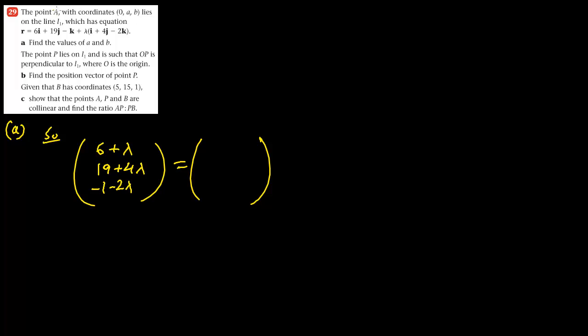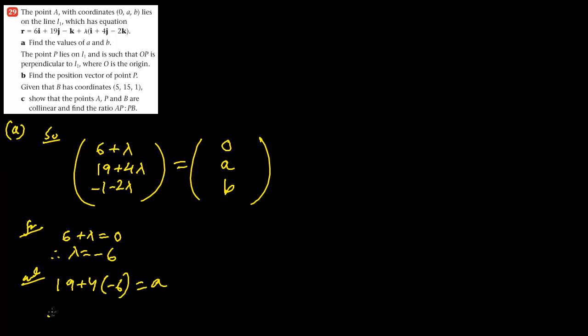And A, so OA would be 0, a, b. So since they are equal, we can write for 6 plus lambda equals 0, lambda equals minus 6. We know when a point lies on a particular line, the value of lambda for each coordinate should be equal. So for the next one, 19 plus 4 lambda, lambda is minus 6, equals a.